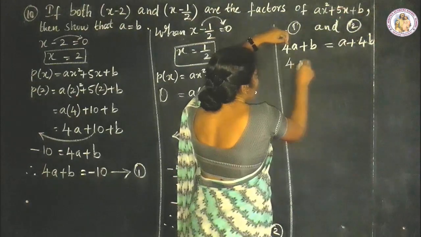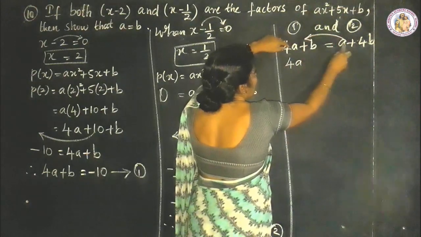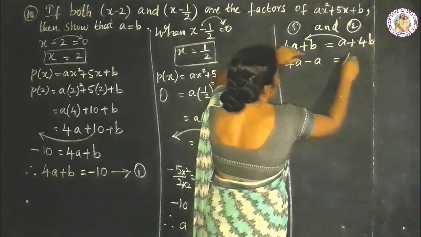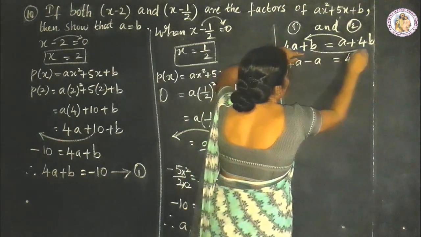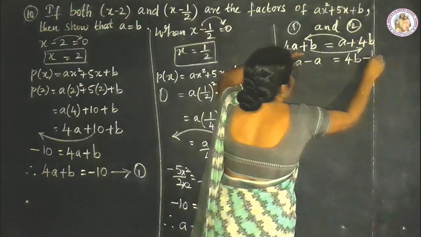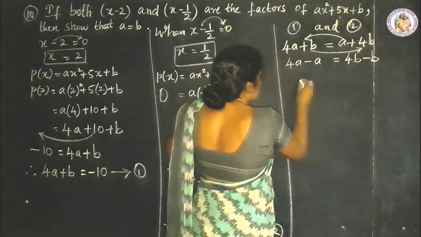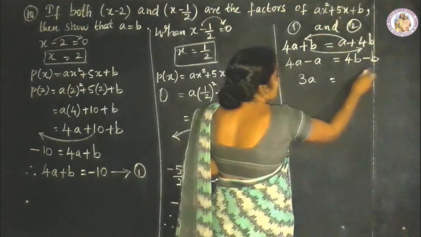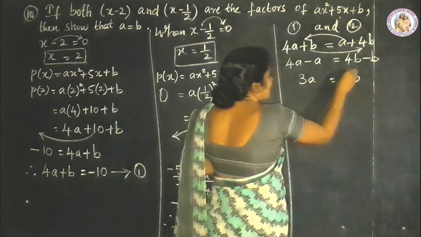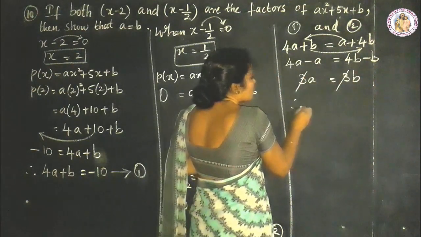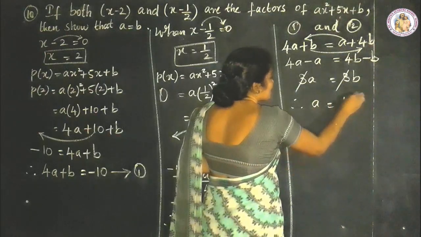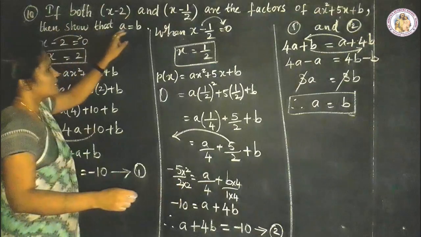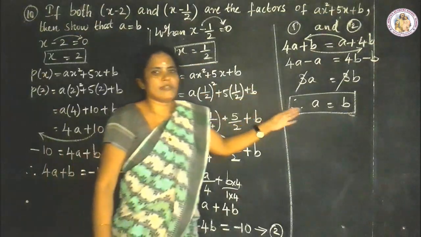Now 4a and take plus a while it comes to the left side, it becomes minus a, and b while it goes to the right side, it becomes minus b. 4a minus a is 3a, and 4b minus b is 3b. 3 cancel, therefore a is equal to b. We are asked to show that a is equal to b. So a is equal to b.